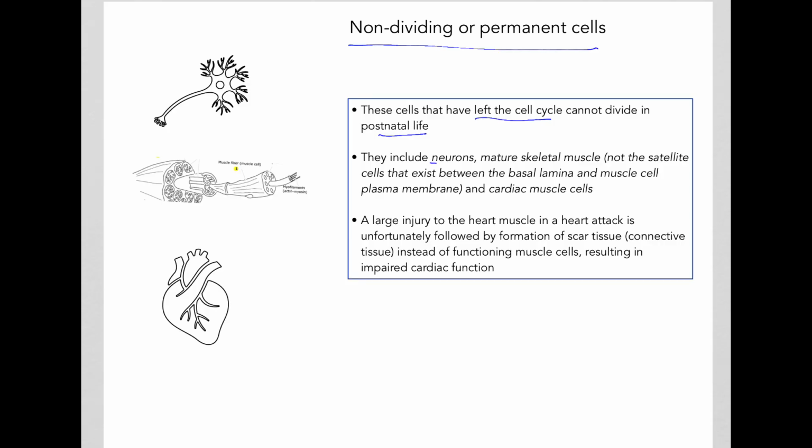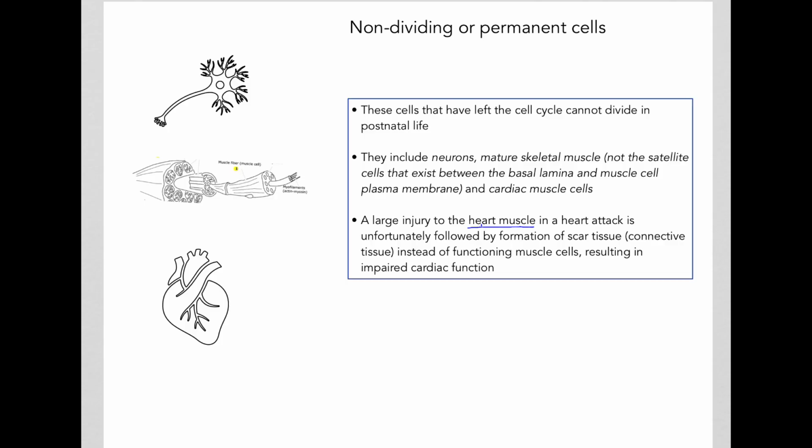Examples of these cells are neurons, matured skeletal muscle cells, not the satellite cells that exist between the basal lamina and the muscle cell plasma membrane, as well as cardiac muscle cells. So neurons, the matured skeletal muscle cells, and cardiac muscle cells are examples of non-dividing or permanent cells. So for example, the heart muscle is an example of a permanent cell.